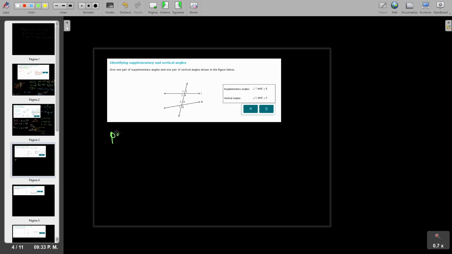Remember, the property of vertical angles means that any angles that are opposite by the point are the same.